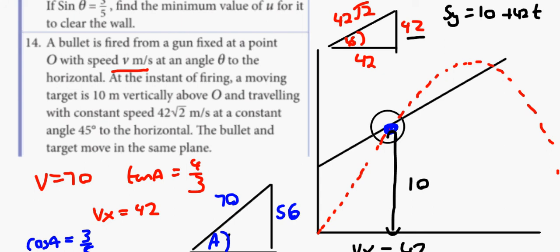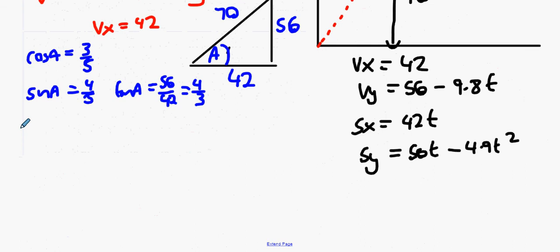That makes sense? So Sy equals 10 plus 42t. It could be any value, I don't know. If it travels for 1 second, it's 52 meters in the air. So we'll figure that out later, right? So now we know what our Sy is. Sy is 10 plus 42t.